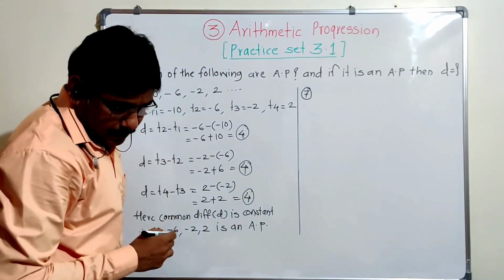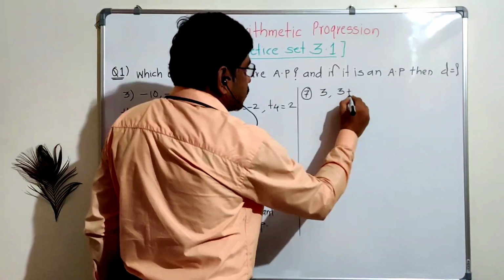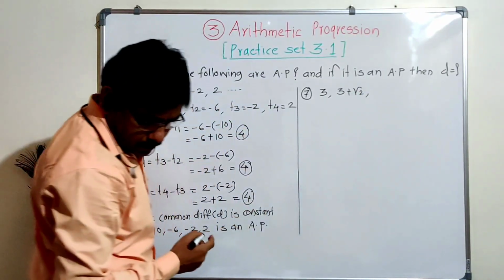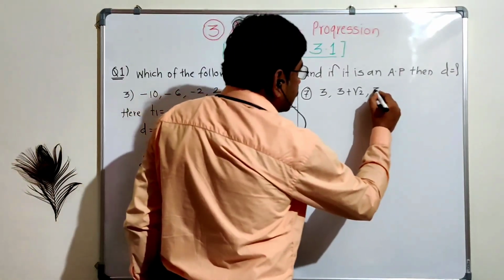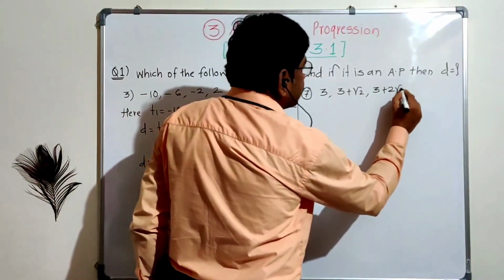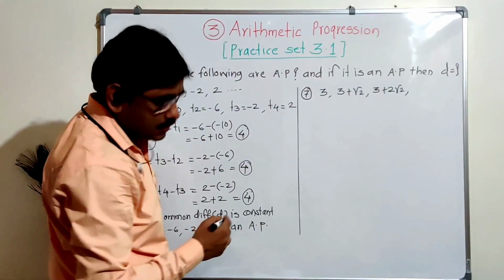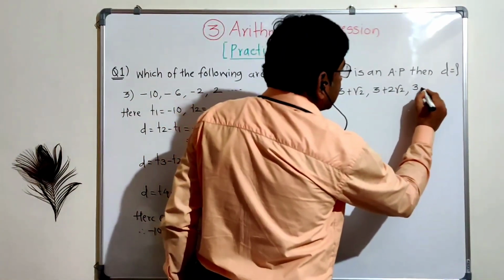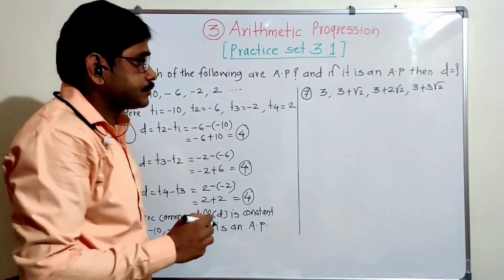How to find 3, 3 plus root 2, 3 plus 2 root 2, and fourth one is 3 plus 3 root 2. So these are the terms.